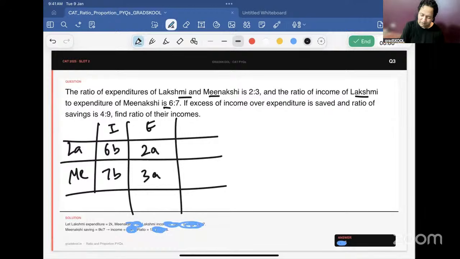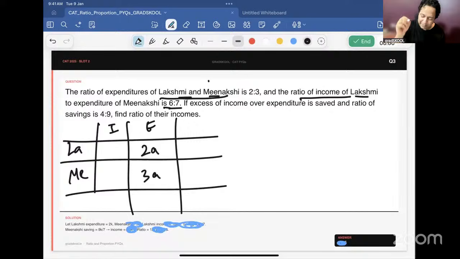No, it's wrong. There's a huge problem here. In the first sentence, we have Lakshmi and Meenakshi for the expenditure. That is correct. In the second, we have the ratio of income of Lakshmi to expenditure of Meenakshi as 6 to 7. The question is not misprinted.